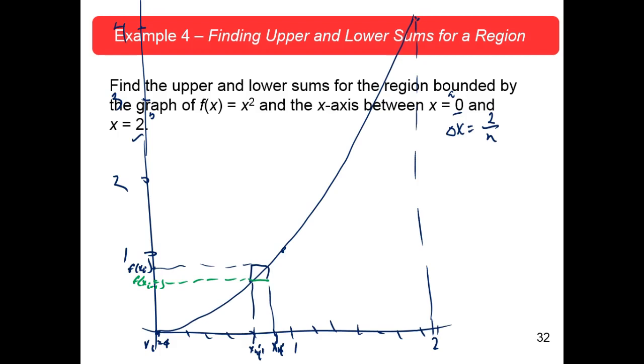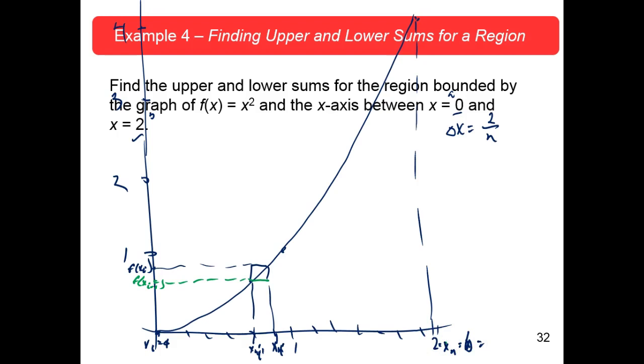Now, i is going from 1 to n, so this one up here is going to be x sub n, which is b, which happens to be 2.